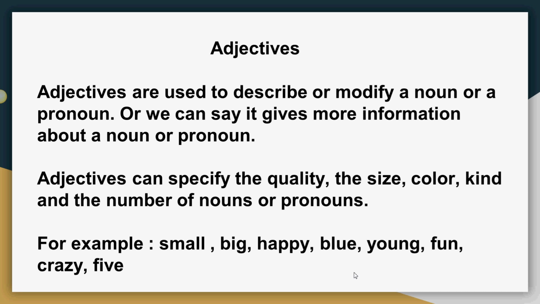Adjectives can specify the quality, size, color, kind, and number of nouns or pronouns. For example, small, big, happy, blue, young, fun, crazy, five. You can see all these words are specifying size, color, kind, or number in some sense, and they are describing the noun or pronoun in the sentence, right? So adjectives give us more detail about a noun or pronoun.